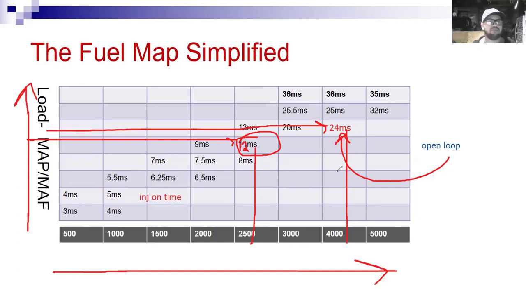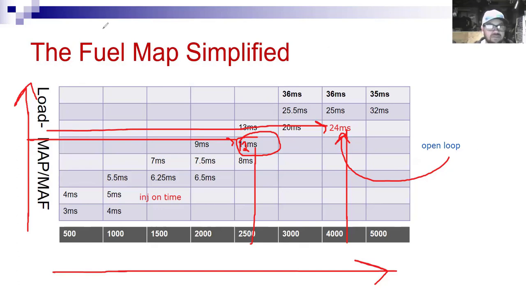And then I'm going to see what the O2 sensor says now. If he still says I'm lean, I'm going to open it up to 13 or 14 milliseconds. If he says I'm rich, maybe I back this off to 10 or 9 milliseconds. So closed loop, basically you're going to start modifying this table based on what the O2 sensor is telling you.